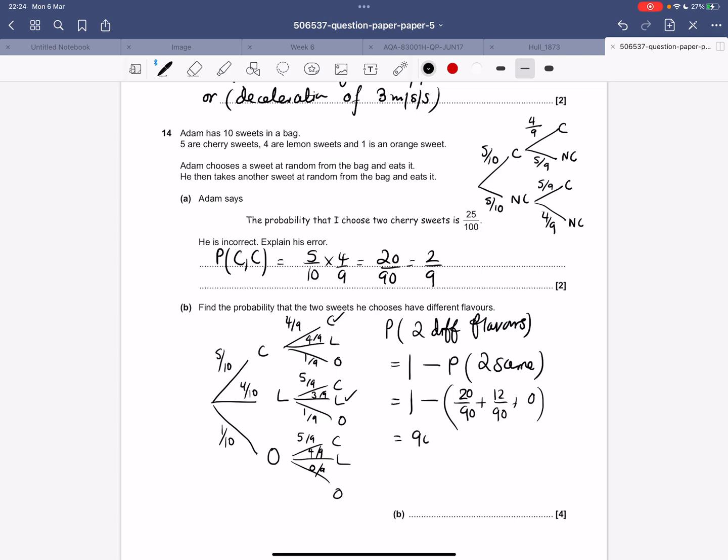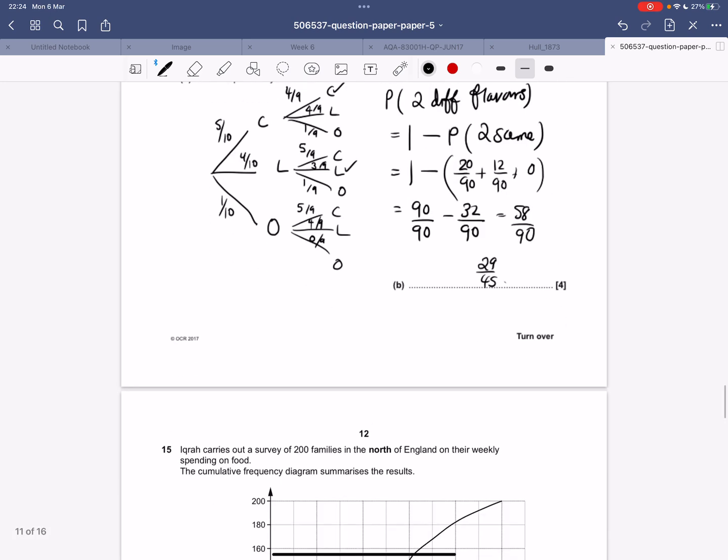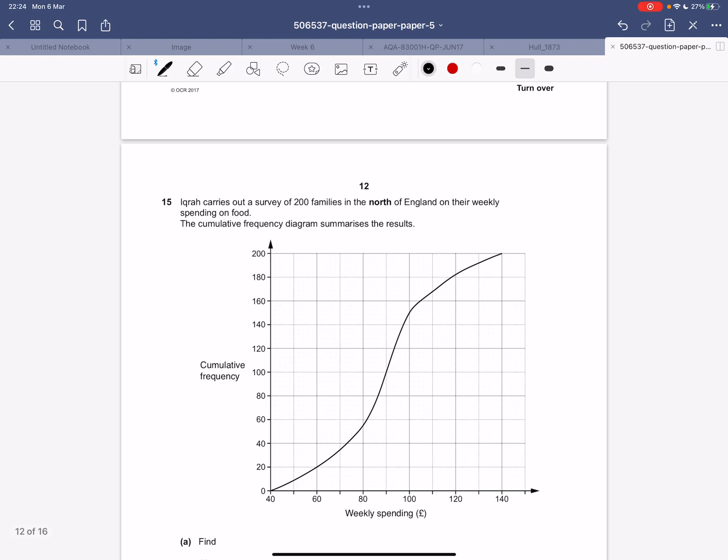So it's 90 over 90 minus 32 over 90. So it's 58 over 90, which cancels down to 27 over 45. Nope, 29 over 45. Okay. Yep. Quite late at night for me, this is.